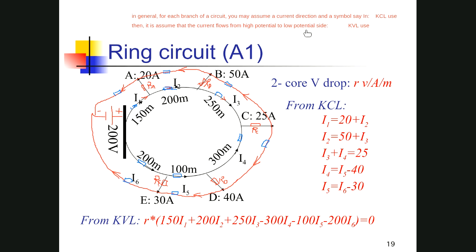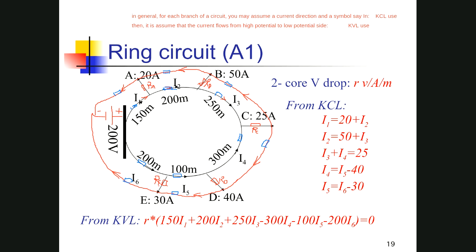Then, in such a way you establish Kirchhoff's voltage law. That's the meaning of it. Now, looking at these examples, we can establish the current relationships at different junction points.